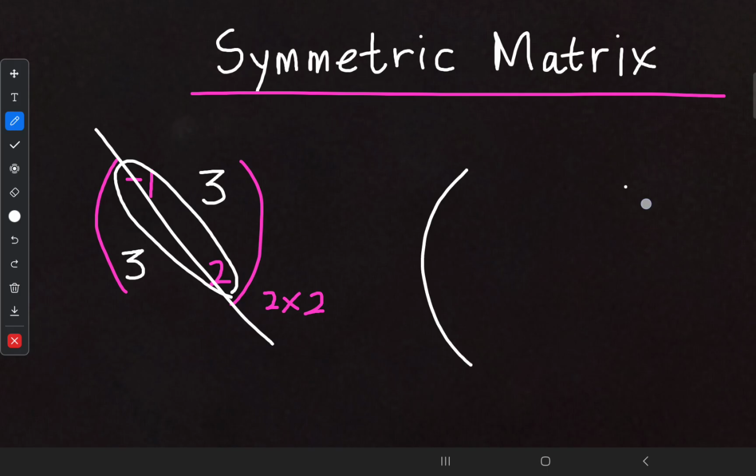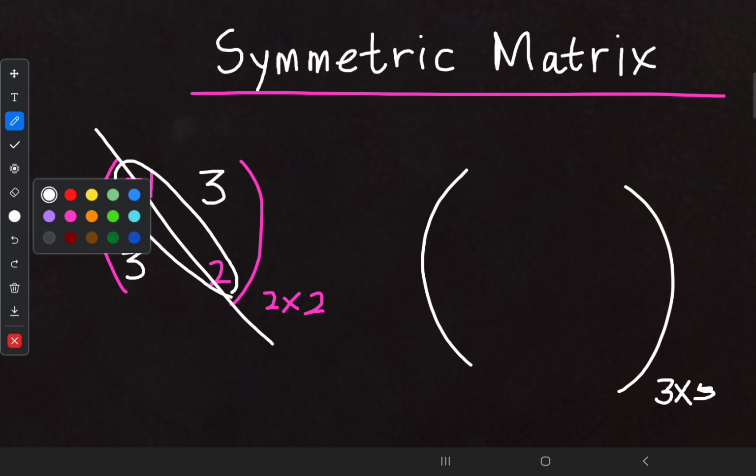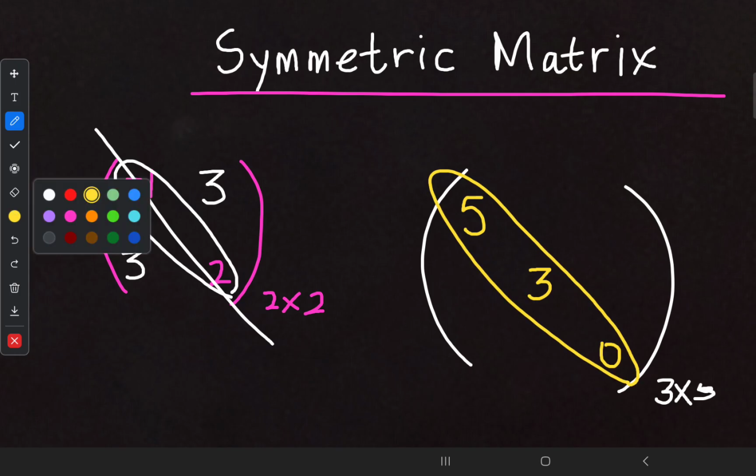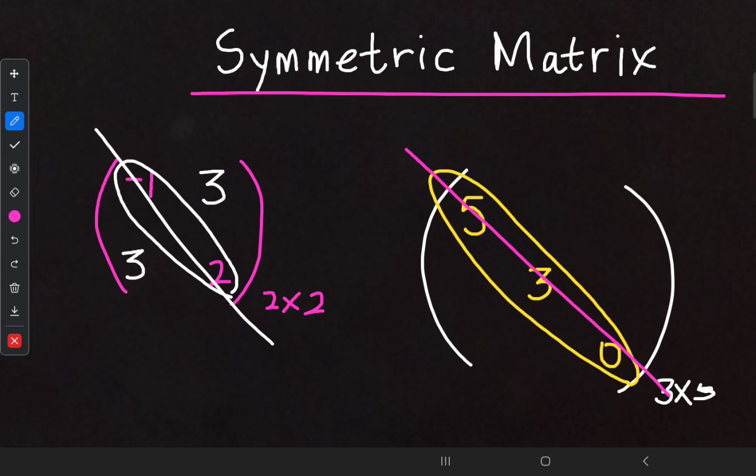When we consider a 3 into 3 square matrix, I'll indicate my values 5, 3 and 0. This is our main diagonal. When we think of the main diagonal as a mirror, the other remaining values should be symmetrically aligned, kind of a mirror image. So if here 1, this one is -4 and this one is 2. So this is 2, -4 and 1.